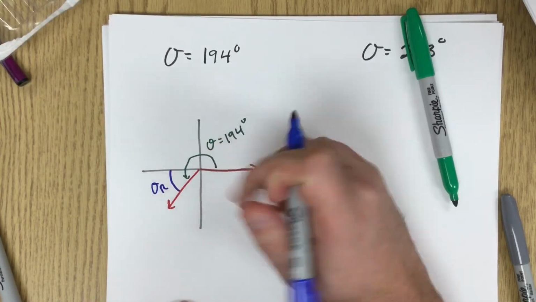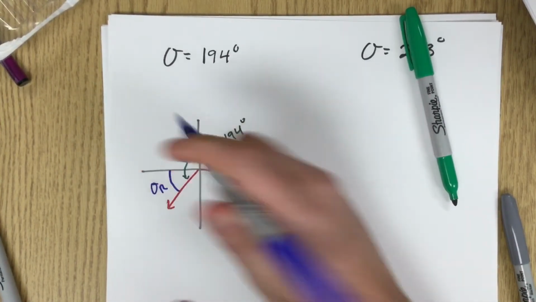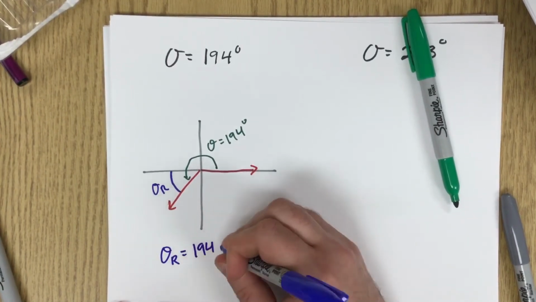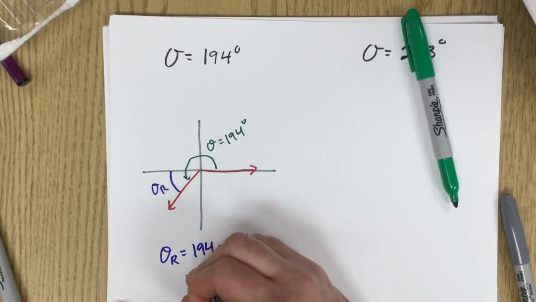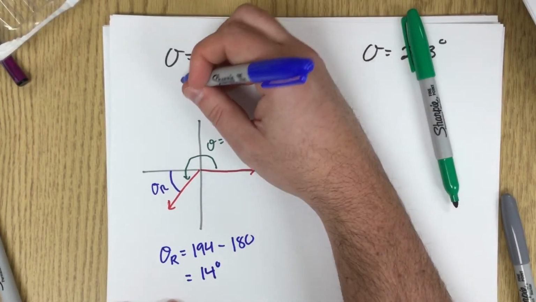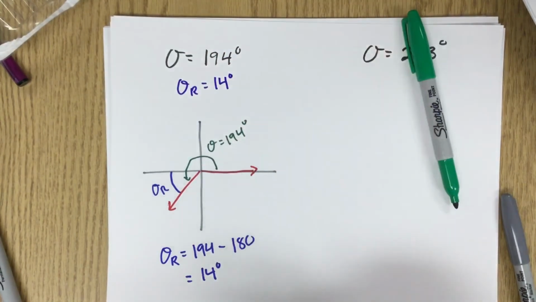That top bit is 180. So the blue is going to be the whole green minus 180. So the related acute angle is going to be 194 minus 180, which is 14 degrees. So if the angle is 194, the related acute angle is 14 degrees.